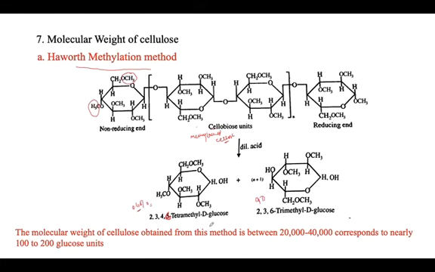It has been found that around 100 to 200 units have a molecular weight of 20,000 to 40,000. The molecular weight of this cellulose molecule will range from 20,000 to 40,000. So the range is basically based on the number n of cellulose units, or the number of glucoses present in this. So we say that it is around 100 to 200 units.